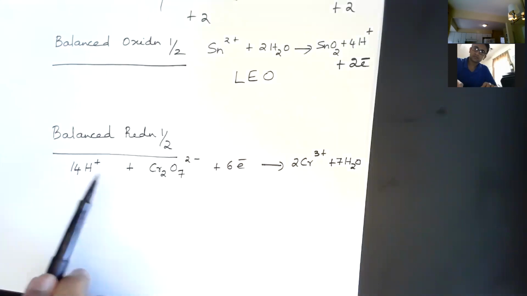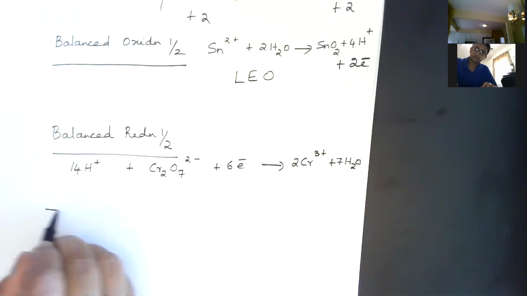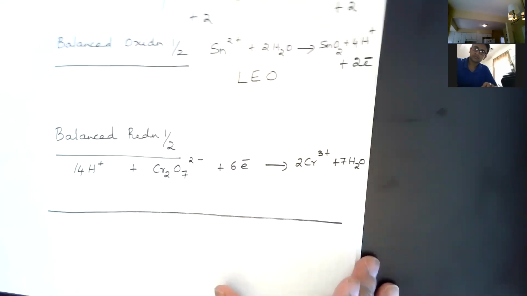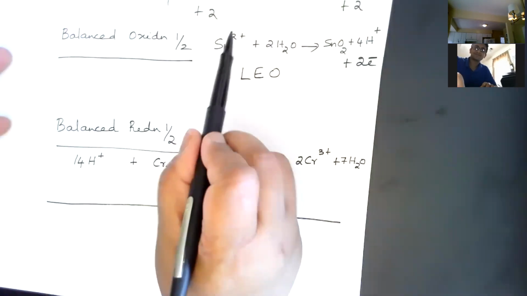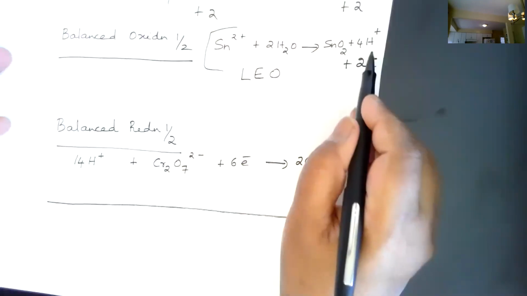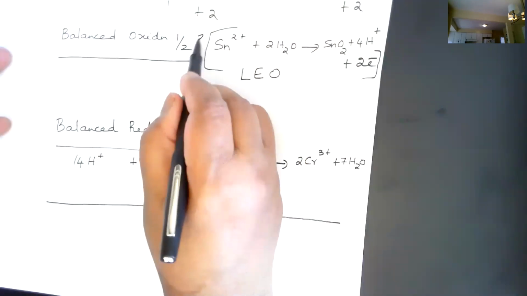Well, I see each one is balanced, but to balance the overall, what should you do? You need to get rid of electrons. So you should multiply this whole thing by 3.